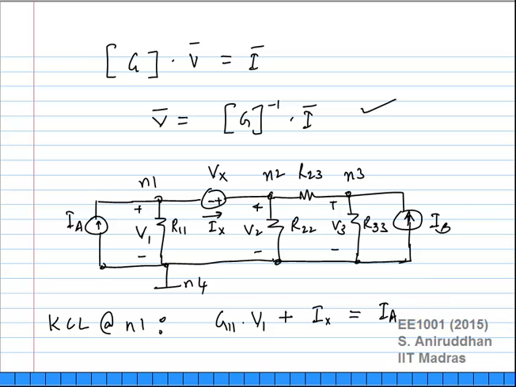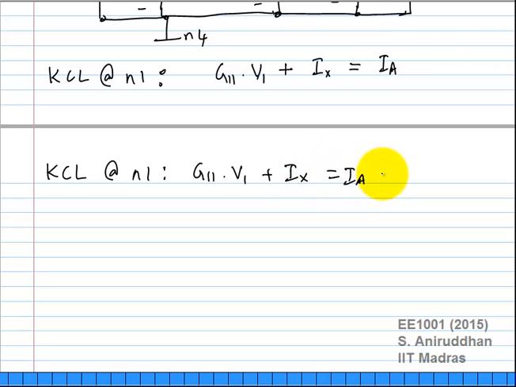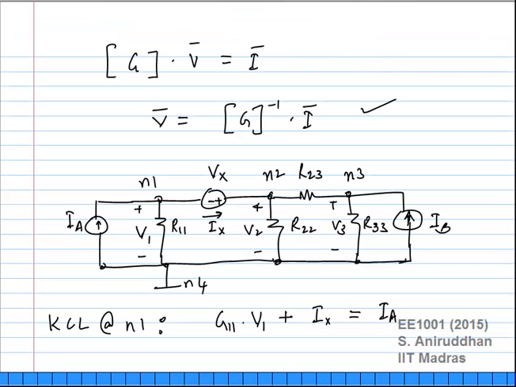So actually let me rewrite this on the next page because it will be easier. So this is KCL at node 1. At N2, what do I have? What do I have at N2? Sum of all currents leaving the node. Okay, so minus Ix. Okay, I'll write it slightly differently.